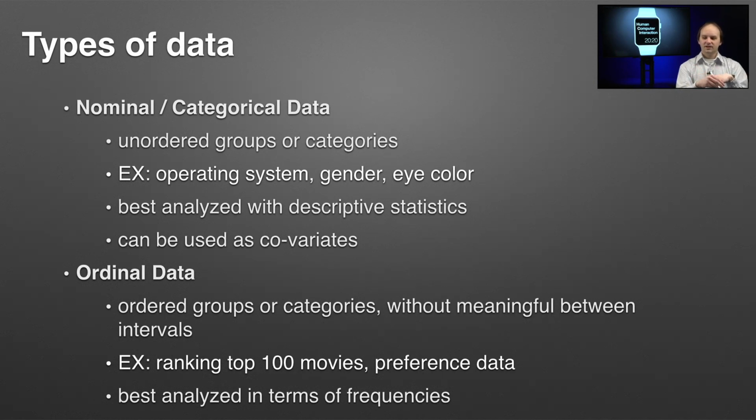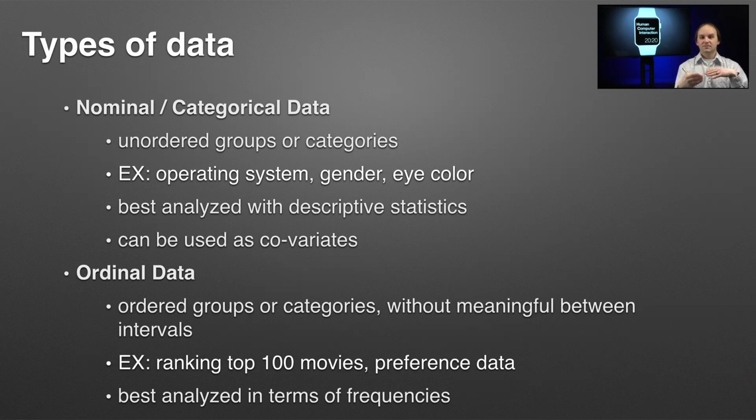So then if we go a step forward, we have what's called ordinal data. And this is basically categorical data, but with some order to it, but not necessarily a meaningful interval between each discrete item. So you can think of ranking data, like if you ranked your top 100 movies, there would be an ordering to it.